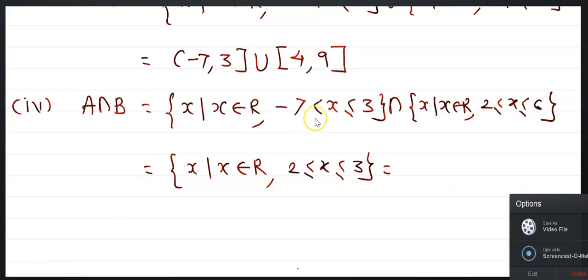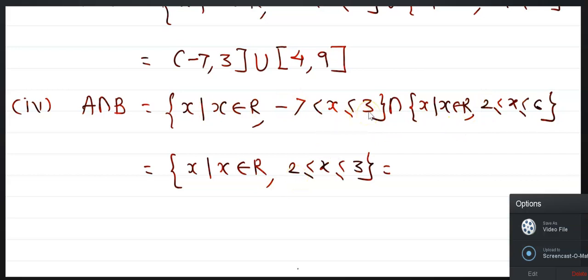Now what's happening here? That is -7 to 3. It means here is a 2. What is the common one from these? The common is 2. And what about here?